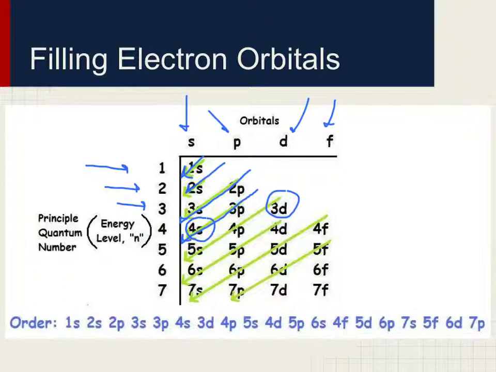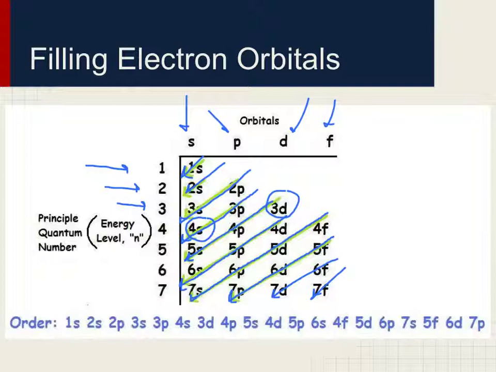4p orbitals follow the 3d orbital, followed by the 5s, and followed by 4d, 5p, 6s, 4f, 5d, 6p, 7s, 5f, 6d, 7p, and so on and so forth. So this diagram here shows us the order in which electrons fill atomic orbitals.